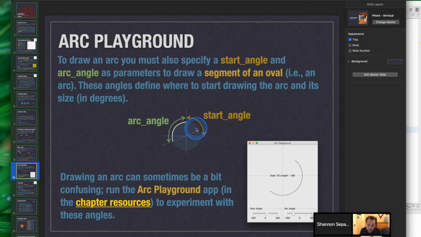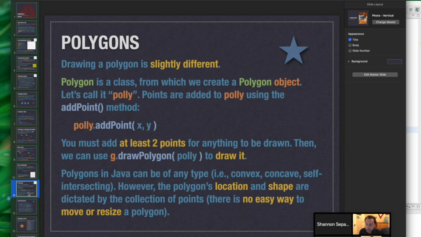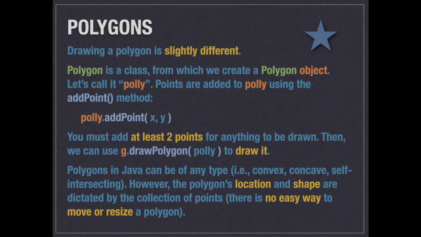So to get an arc like this that's shown here, you would have the top left corner, the width, the height, and then the start angle of 90, and then the arc angle of, let's say, 110. Again, we don't draw a lot of arcs, so although it is a little bit confusing, you can always go back to the playground, enter your values and get the arc that you want.